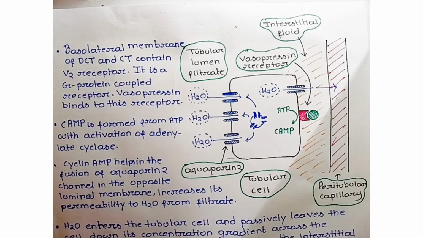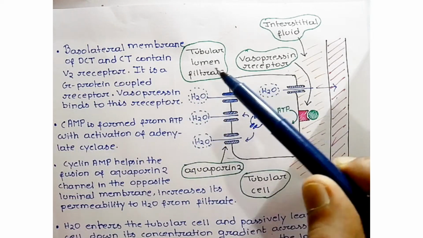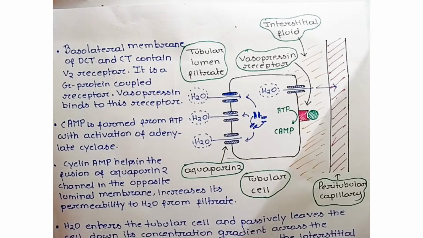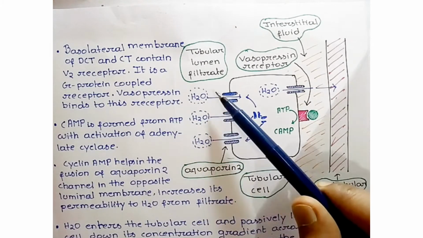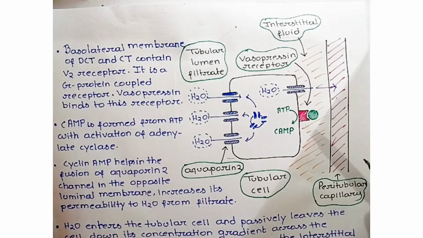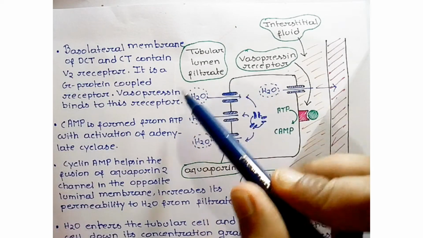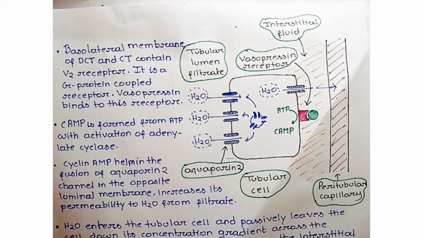So the main function of vasopressin is to reabsorb water from the filtrate, and ultimately this water enters the peritubular capillary.